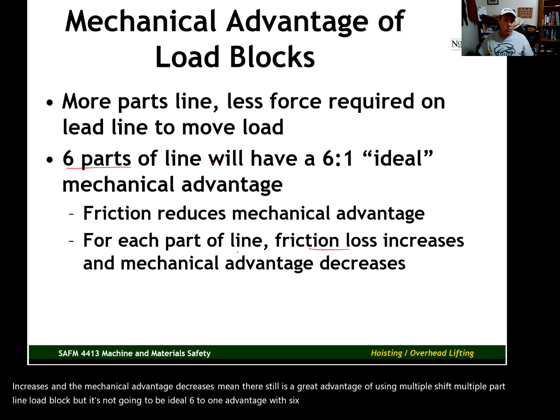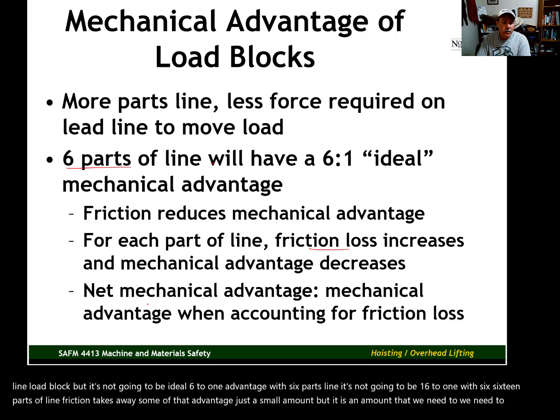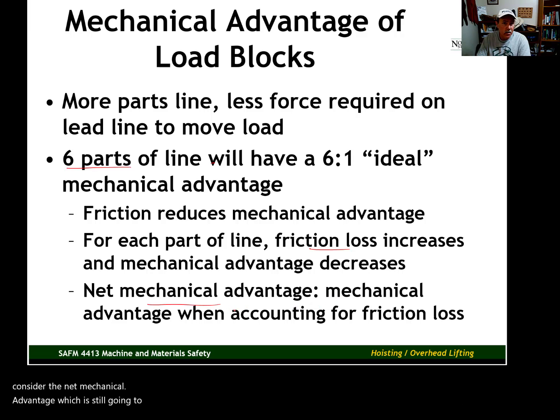It's not going to be 16-to-1 with 16 parts of line. Friction takes away some of that advantage, just a small amount, but it is an amount that we need to consider. The net mechanical advantage, which is still going to be great, is the mechanical advantage when accounting for friction loss.